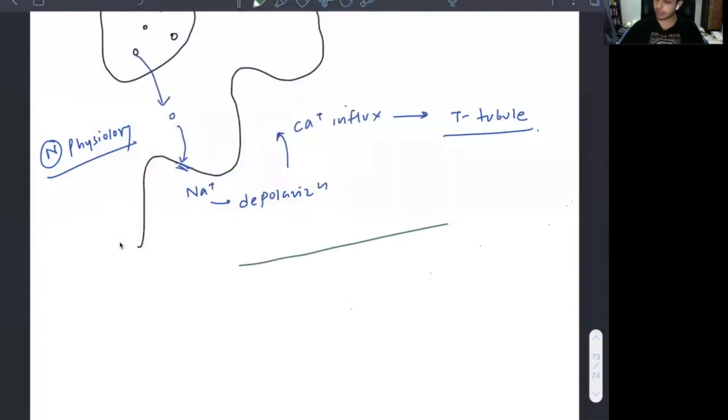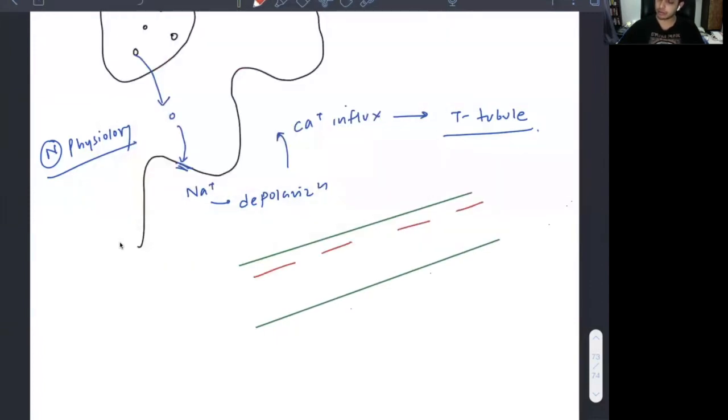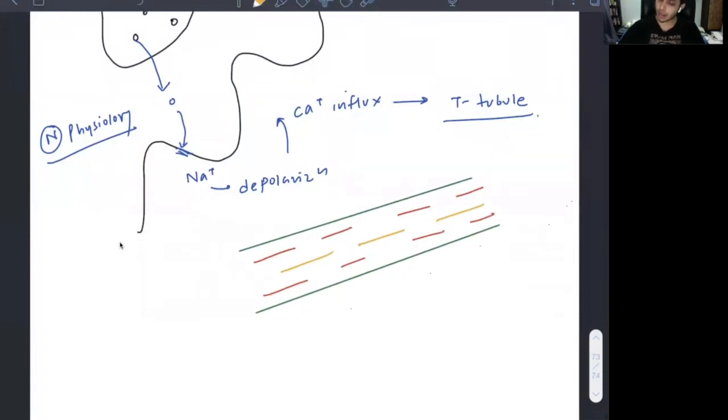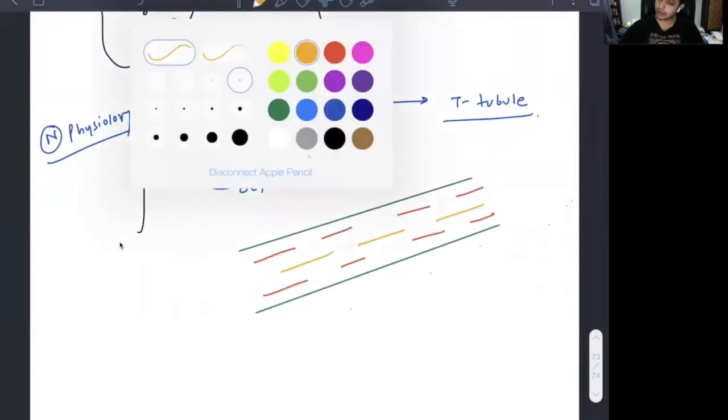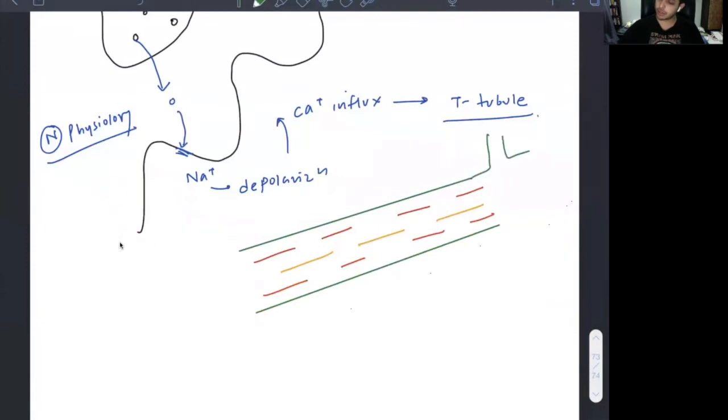So within your muscle fibers, you have actin filaments and you have myosin filaments. And in the middle of your sarcolemma, you have your T tubules.